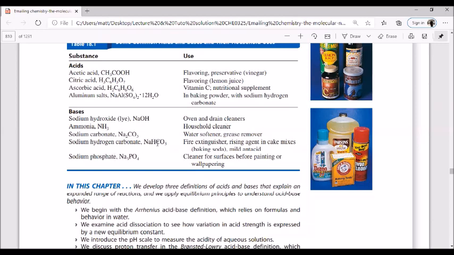Sodium hydrogen carbonate as baking soda, a rising agent in cake mix. Baking soda is a mild antacid, we also use it to overcome the problem of gastric problems. We use a mild antacid, where part of the chemical is a base, sodium hydrogen carbonate, and so on.